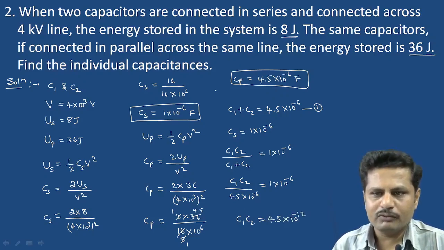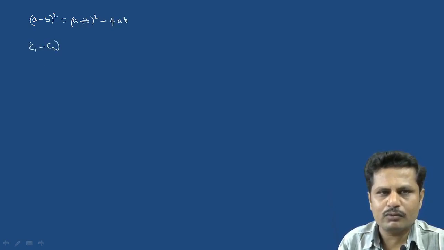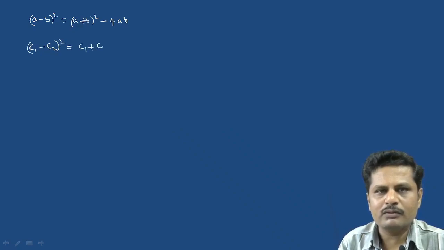Now by using the formula A minus B whole square can be written as A plus B whole square minus 4AB, we can write C1 minus C2 whole square equals C1 plus C2 whole square minus 4 C1 C2.